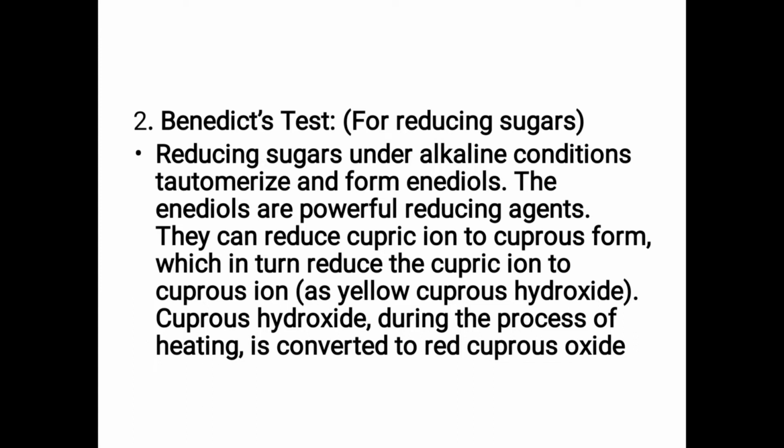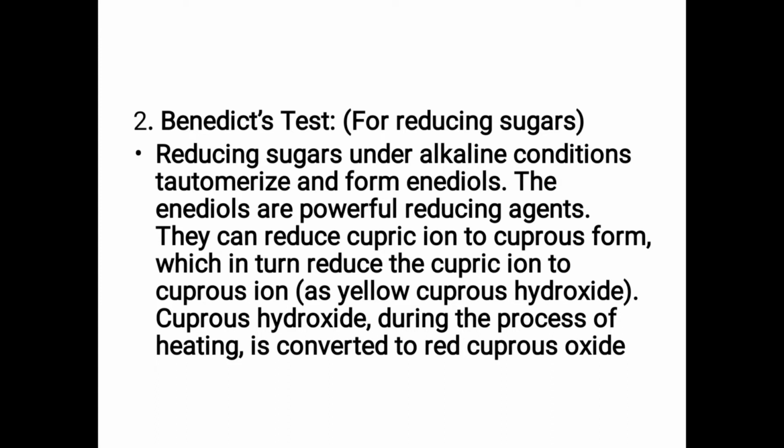So from where do we get the cupric ion? That is present in the Benedict's reagent, which contains copper sulfate. So reducing sugar under alkaline conditions reduces cupric to cuprous ion. Cuprous hydroxide is formed. On heating, it is converted to red cuprous oxide.